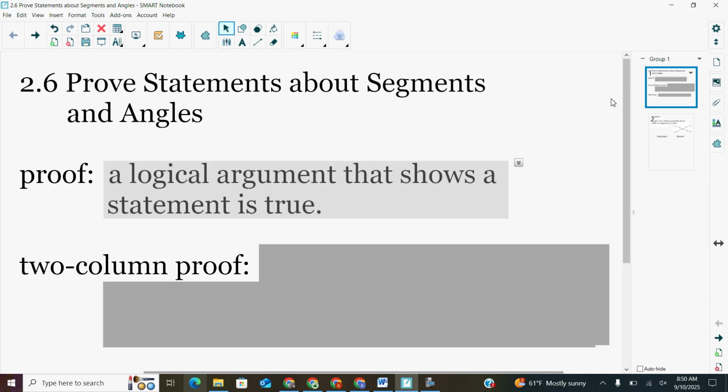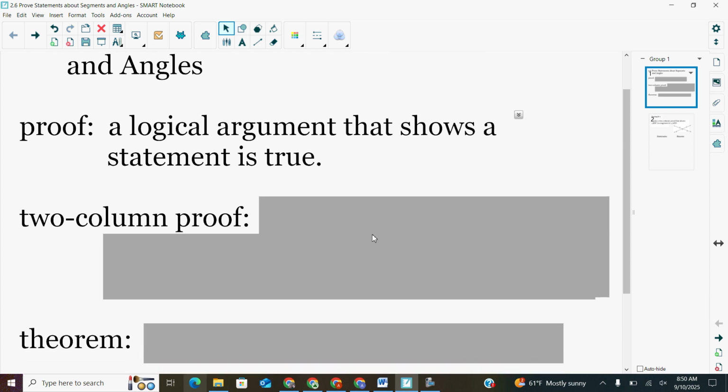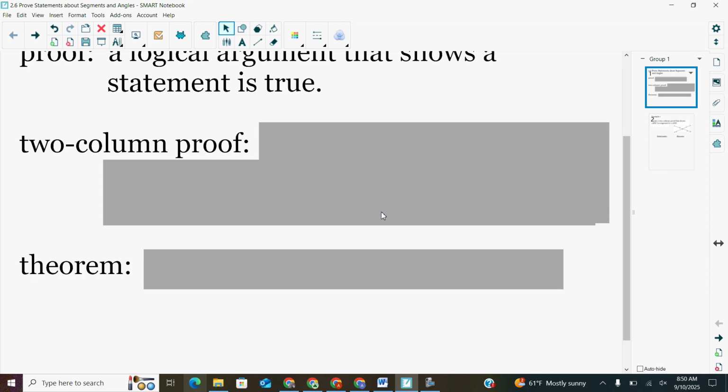A proof is defined as a logical argument that shows that a statement is true. We are trying to prove something to show that a statement's true. We're going to look at a way to make a logical argument to show that by forming a 2-column proof.